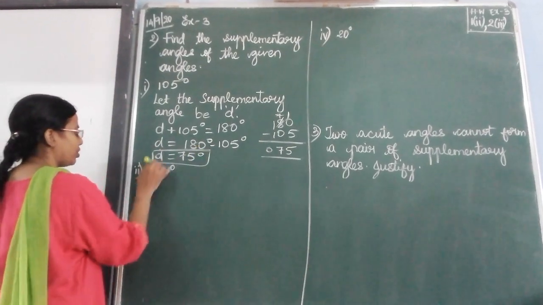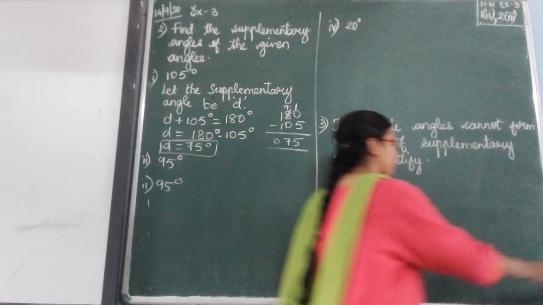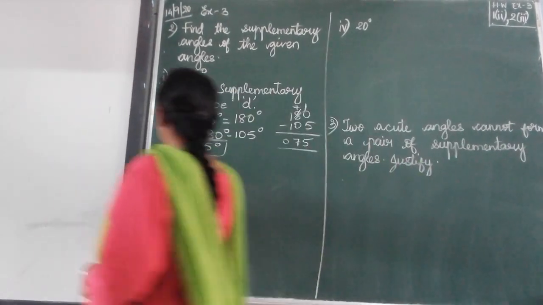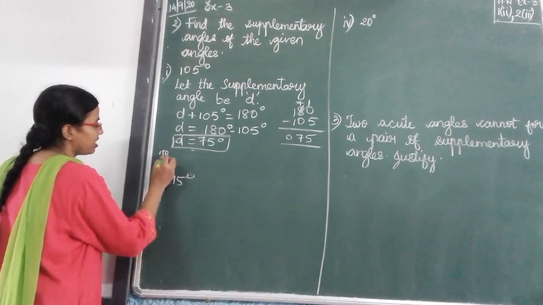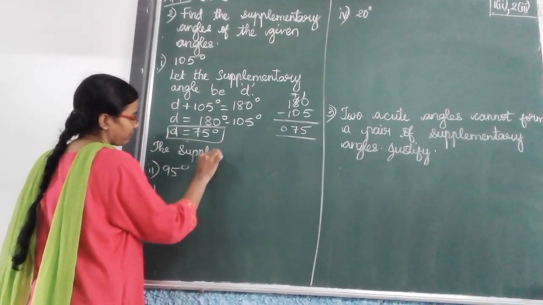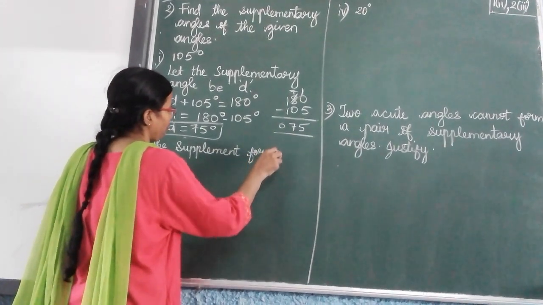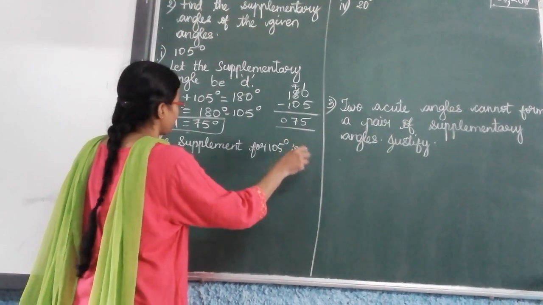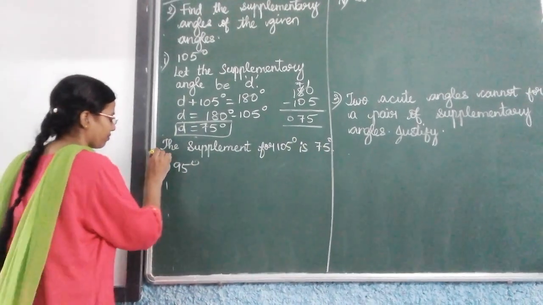D is equal to 75 degrees. So here the supplementary angle, the supplement for 105 degrees is 75 degrees. This is what we found.